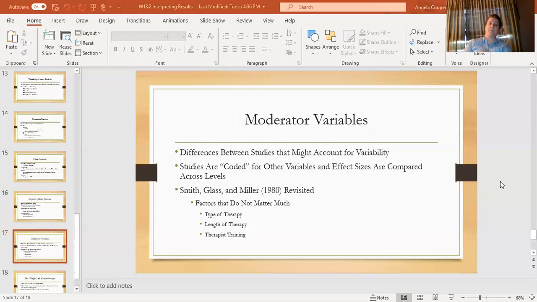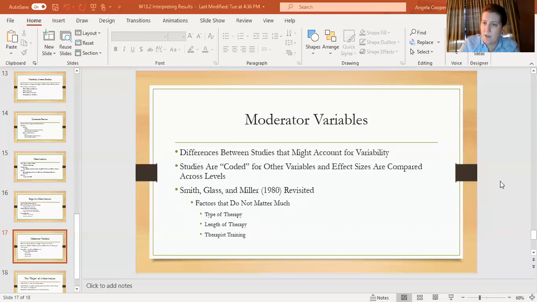Like I said, the differences in studies might account for variability. So this includes how people operationally define their variables, their procedures, the participants they have access to, etc. Smith, Glass, and Miller, again, the people that looked into psychotherapy and the different aspects of it with the Cohen's d of 0.8, looked into things that didn't matter too much.